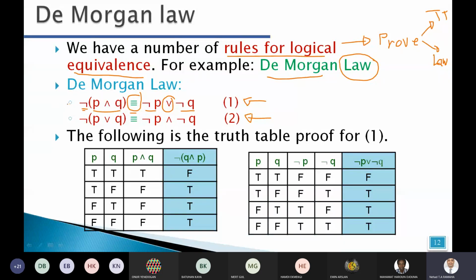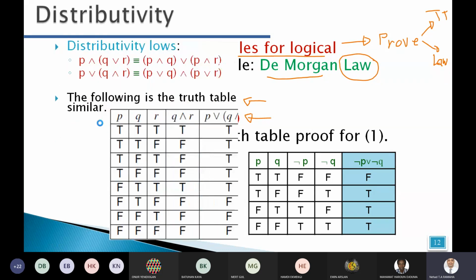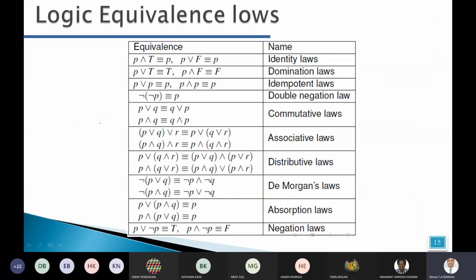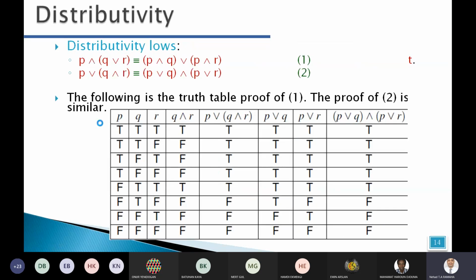This means in short you can give this not to the whole, to both sides, but you need to flip the AND to OR. And if you have OR, it will become AND. In another term, we call this distributive, okay? But it's not the distributive law.